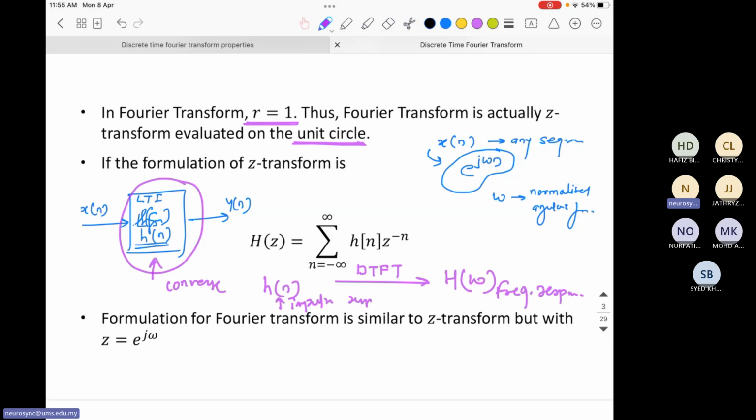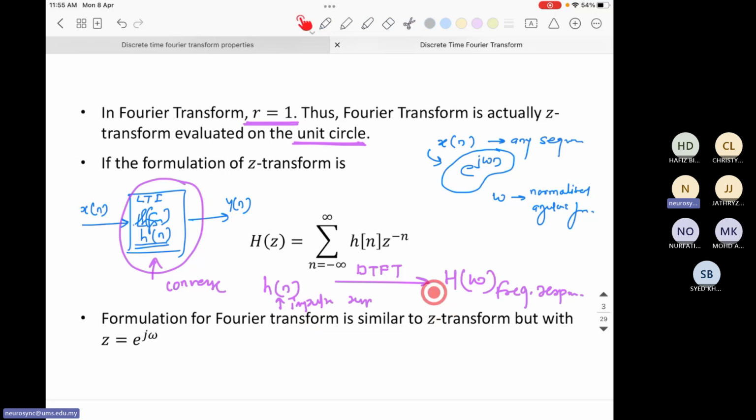Now we can also get it vice versa. Like if I have this H of omega, using this H of omega information, I can also get the original sequence. To get this original sequence from H of omega, I can use the inverse discrete time Fourier transform, and then I can get the original h of n.